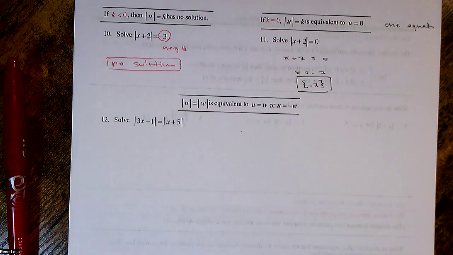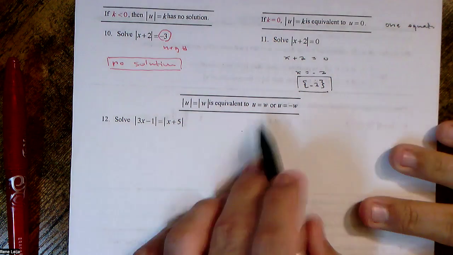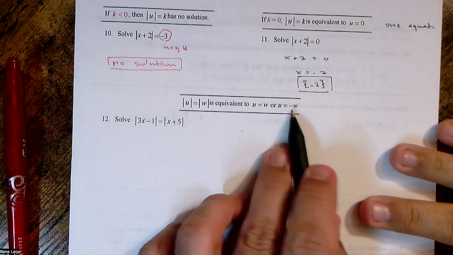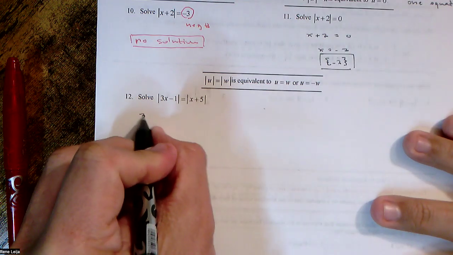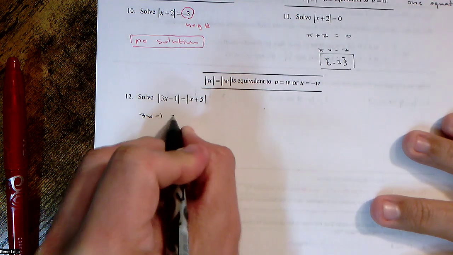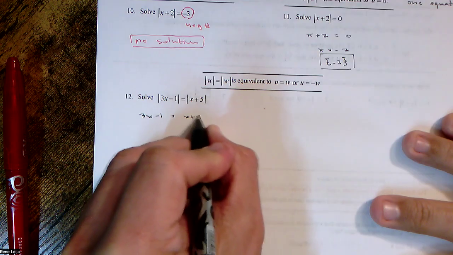When you have two absolute values, all you're going to do is you're going to drop both absolute values, except you're going to make one of them negative. So u equals w or u equals -w. So I'm going to have 3x minus 1 equals x plus 5.